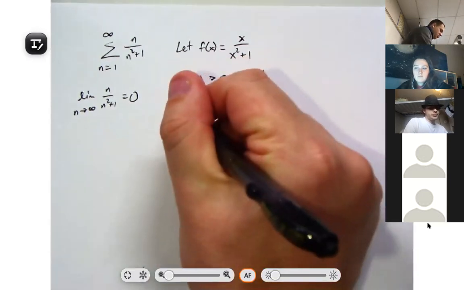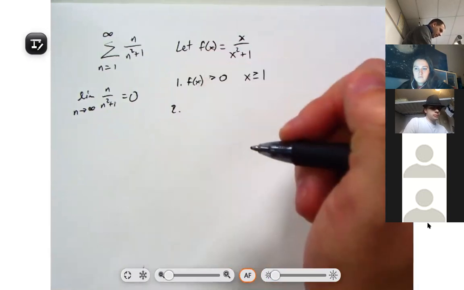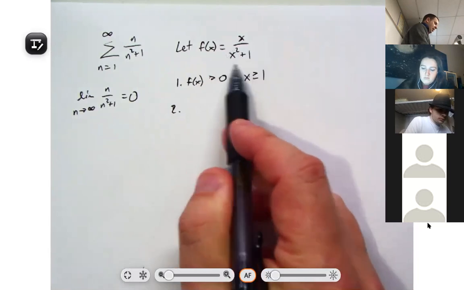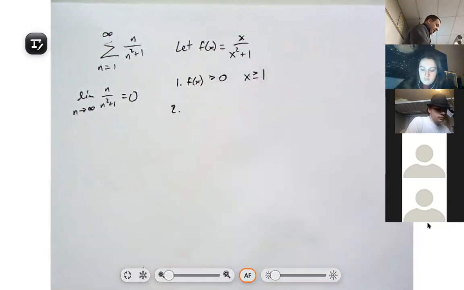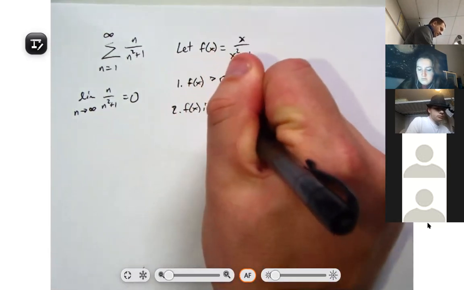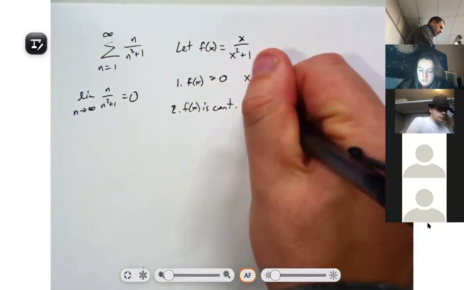The next thing that has to be true, our function has to be continuous. Well, nothing is going to make this denominator be 0, which means this function is always continuous. So f of x is continuous. And so especially for x greater than or equal to 1.